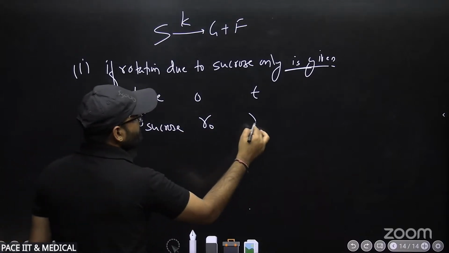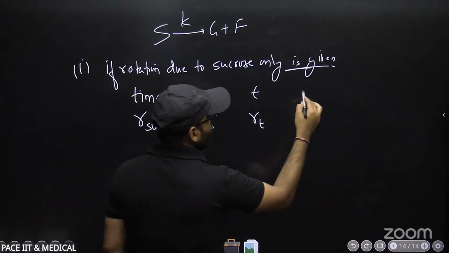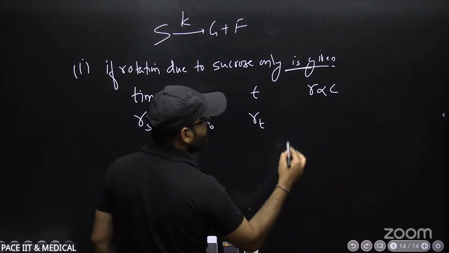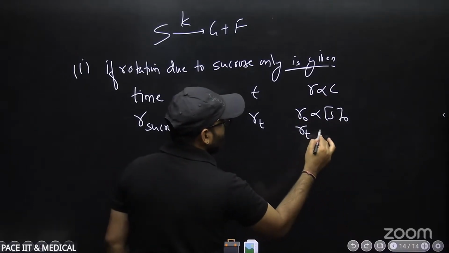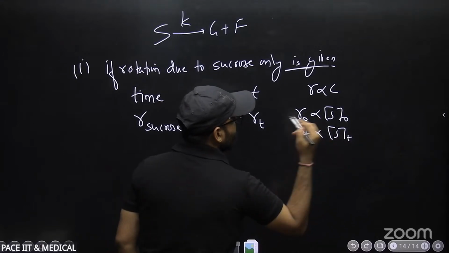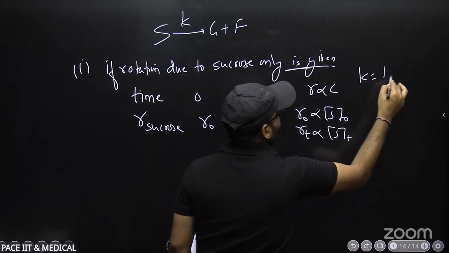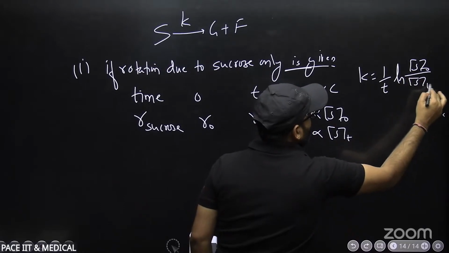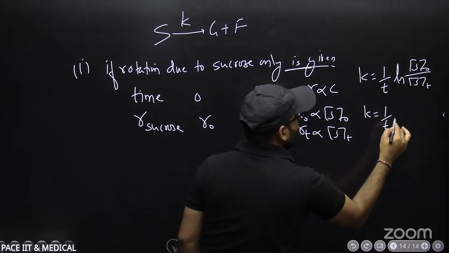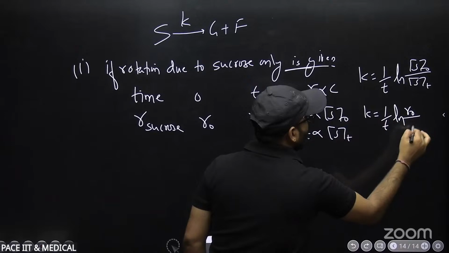This is R naught and this is Rt. As I know that R is directly proportional to concentration, R naught will be directly proportional to S naught and Rt will be directly proportional to St. So k equals 1/t ln S naught/St. In place of that, I am writing k equals 1/t ln R naught/Rt.